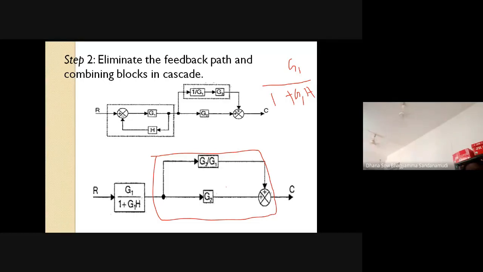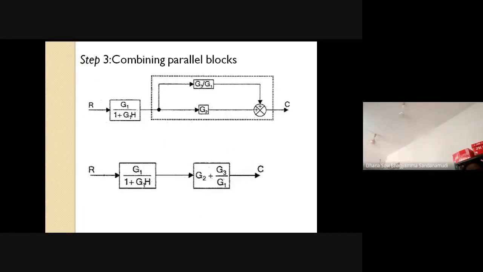I hope you have drawn it. Yes or no? Shall I change the slide? Yes, ma'am. Okay then. So eliminating or combining the parallel blocks. So I have combined the parallel blocks. Step number 3, you must definitely write these steps.